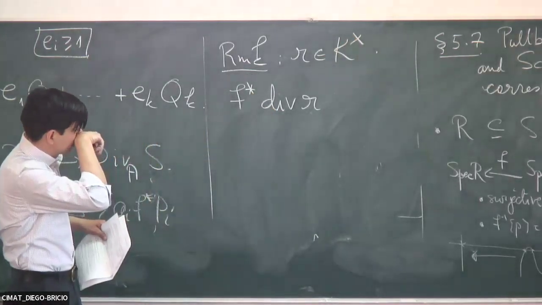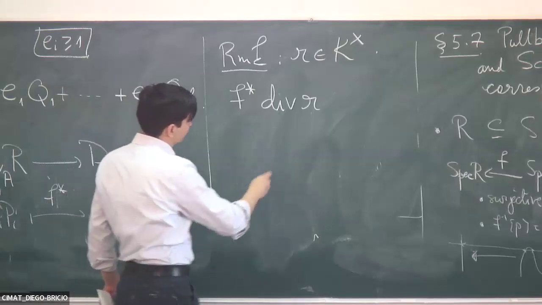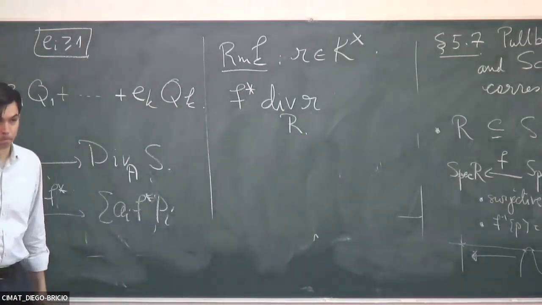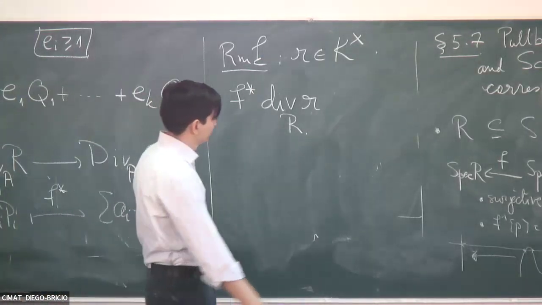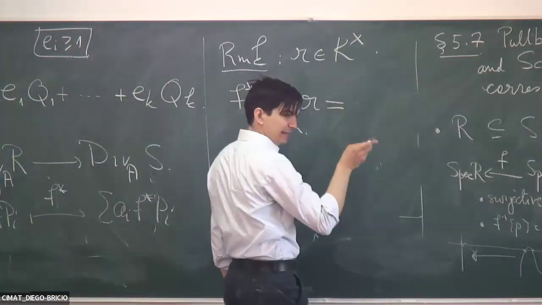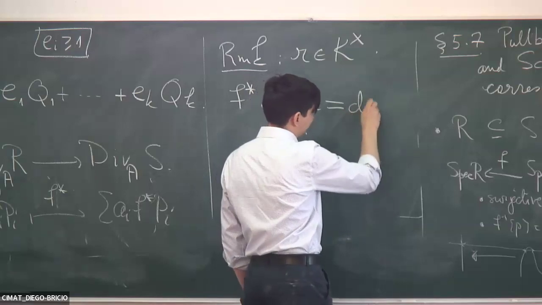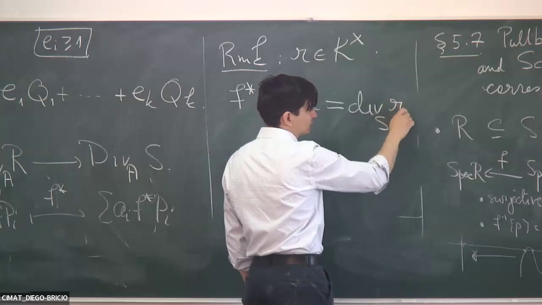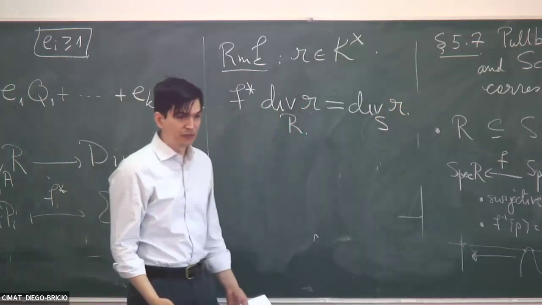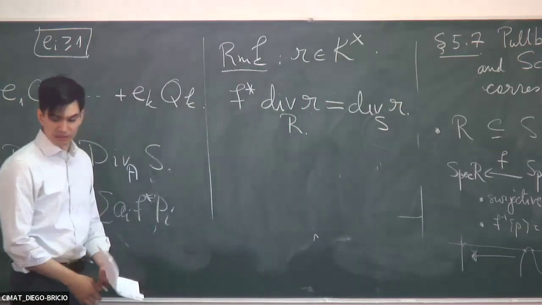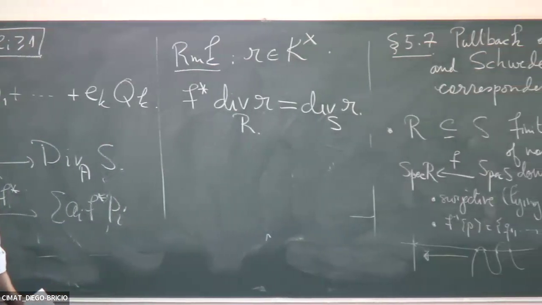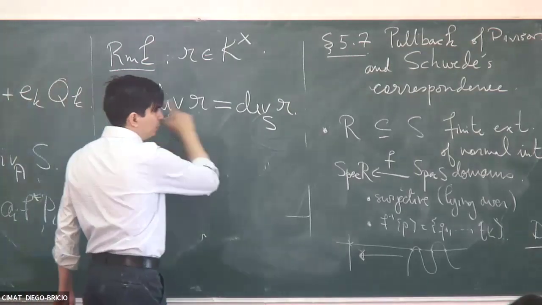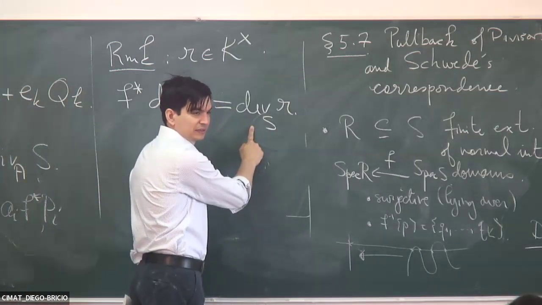It's just a meromorphic function on the spectrum of R. And so what do you think this is? I claim that it is principal, and it's the divisor over S of r, but now with r viewed as an element of K. So principal divisors pull back to principal divisors.